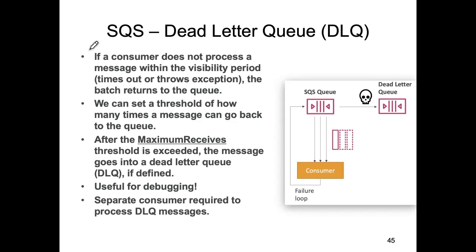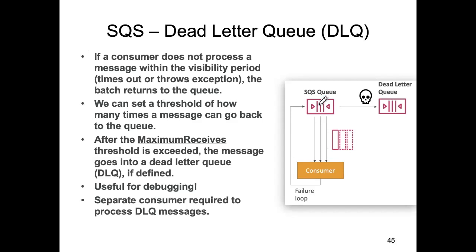And this is the role of the dead letter queue. A dead letter queue is a second queue that you associate with your main queue, and you're essentially telling the SQS service to put faulty batches into this dead letter queue. Typically you would then have another consumer responsible for processing this dead letter queue.